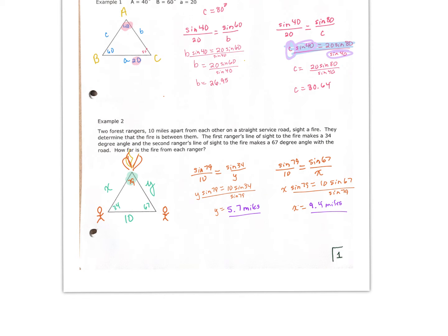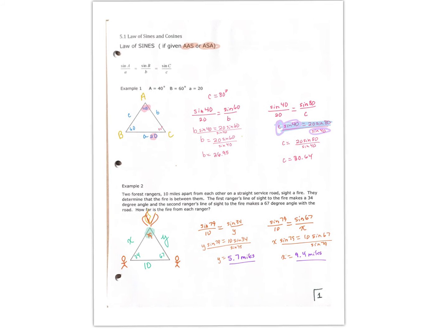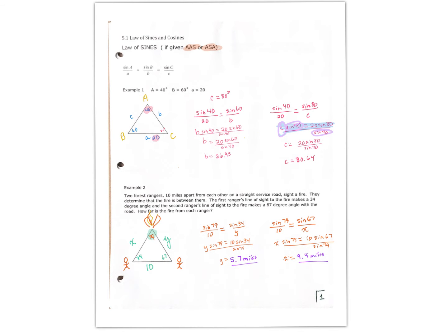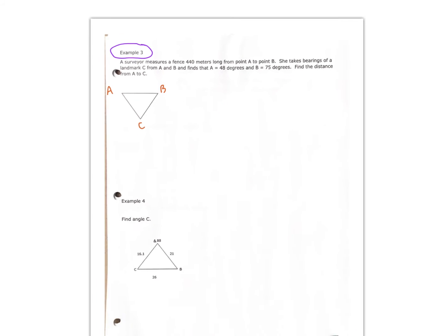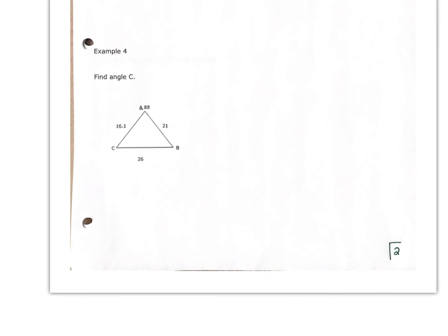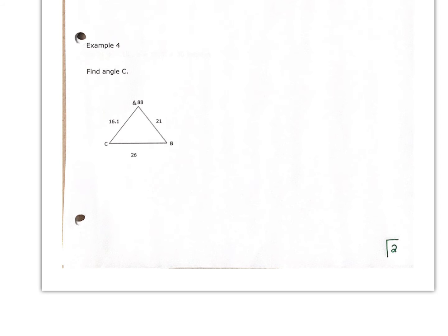I have posted these notes already online. The other thing to notice is, are you given more angles than you are sides, typically? Okay. So if you feel like you want or need to look at all of the examples, they will be online, but we're not going to go over example 3. I do want to talk to you about example 4, though, because this one's a little bit different.